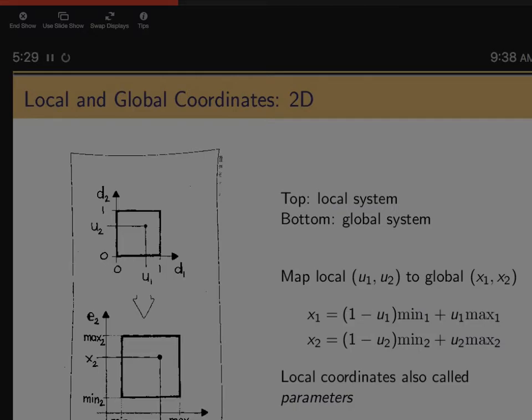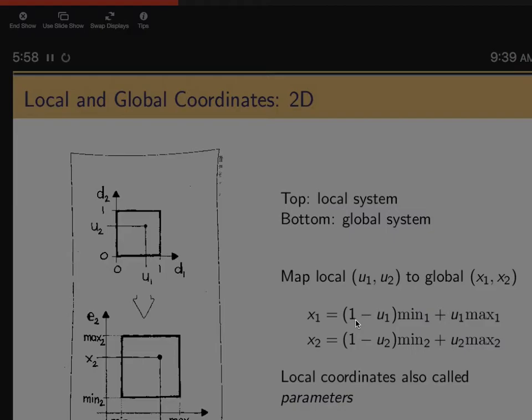I can define it by saying I want 0,0 to go to min1, min2. This defines how much I moved it. And then I want 1,1 to go to max1, max2, so I'm defining the upper right-hand side of my box. If I do that, I can actually solve for all of those coordinates. If I have some point u1, u2 in this local coordinate system, where does it go in the global coordinate system?